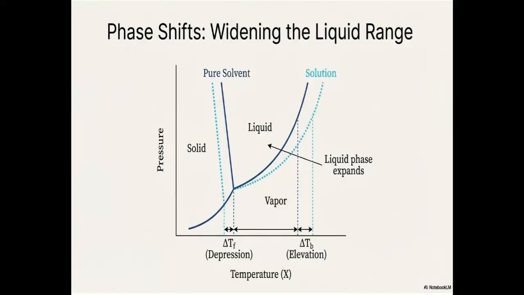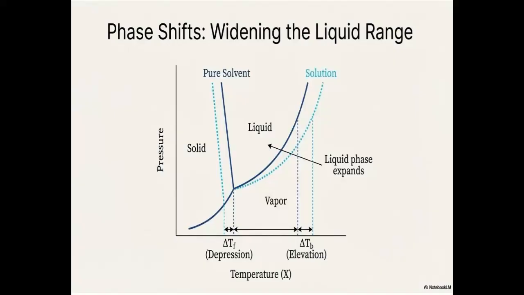So if we look at our triple phase diagram, you remember we have the three phases: solid, liquid, vapor. Basically what we're doing is expanding this liquid phase by changing the boundaries of where they occur.